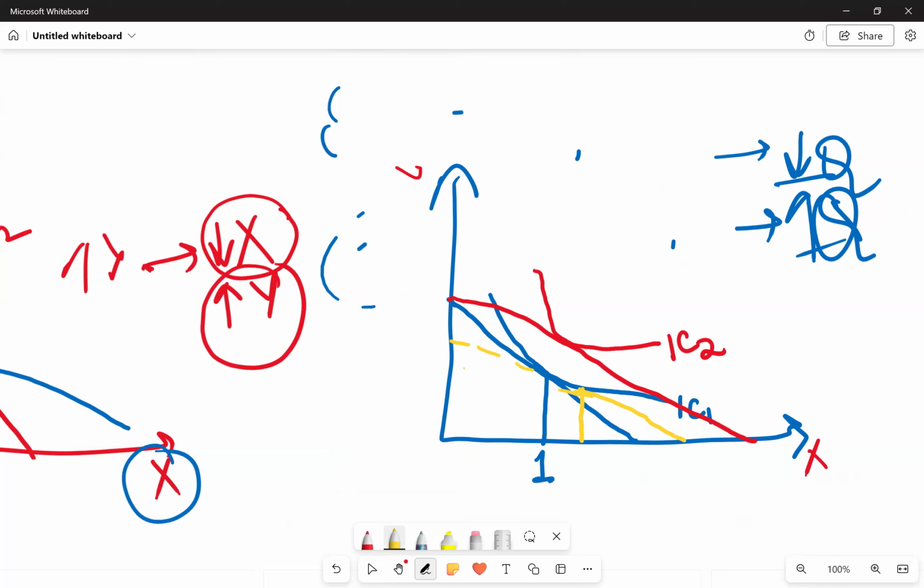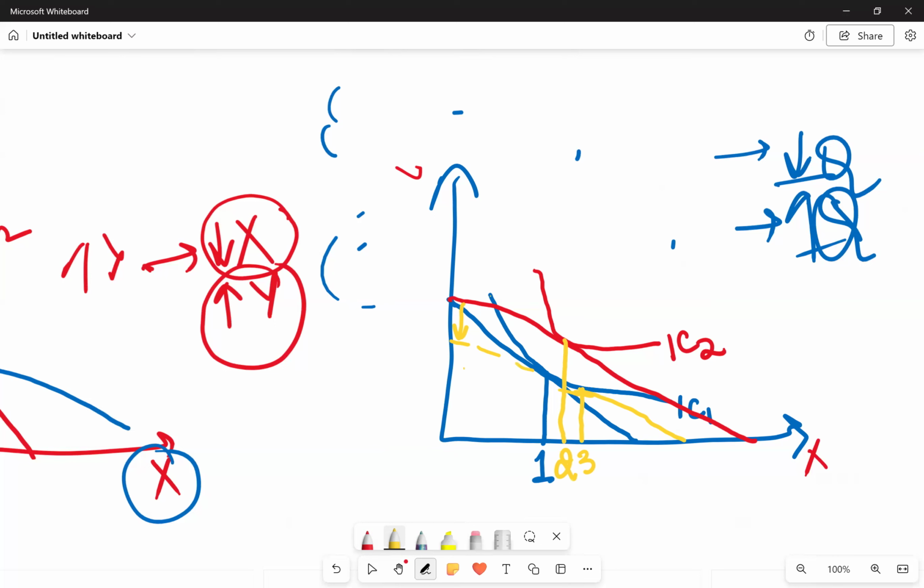So the consumer has reached back to his original IC1. He has reached a point where he can achieve the same level of satisfaction which he already had, right? So this is point 3. Okay, and this is say point 2. Okay, now point 2, usually it is above this, usually, right? But I'll just explain this to you.